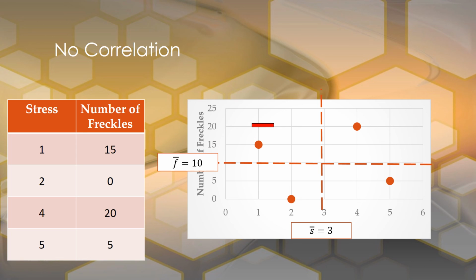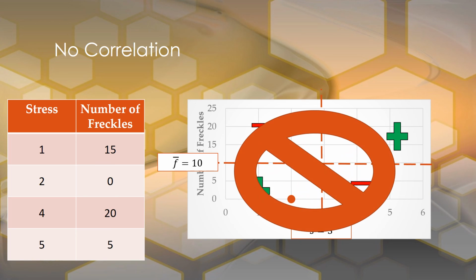The top left quadrant is always going to be negative, and the bottom right quadrant is also going to be negative for this product. The top right quadrant is always going to have positive products, and the bottom left is always going to have positive products as well. If you add these all up, they kind of cancel each other out and equal 0. So that's why there's no correlation here, and it's 0.